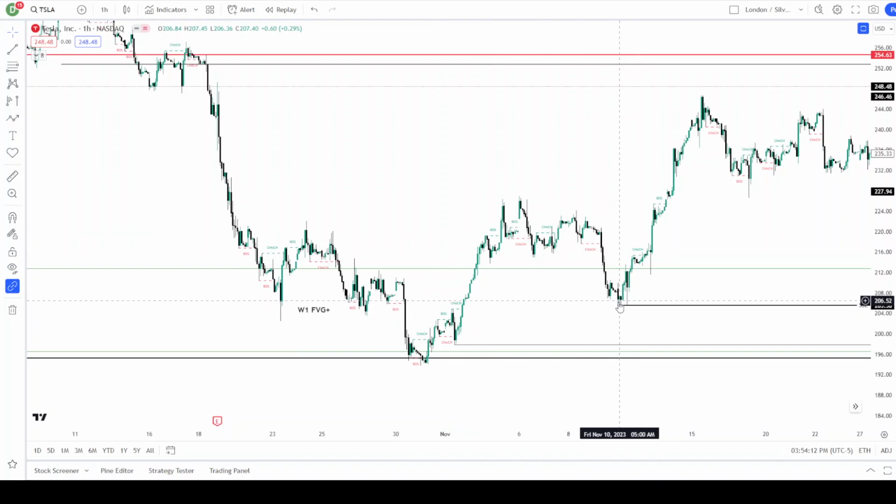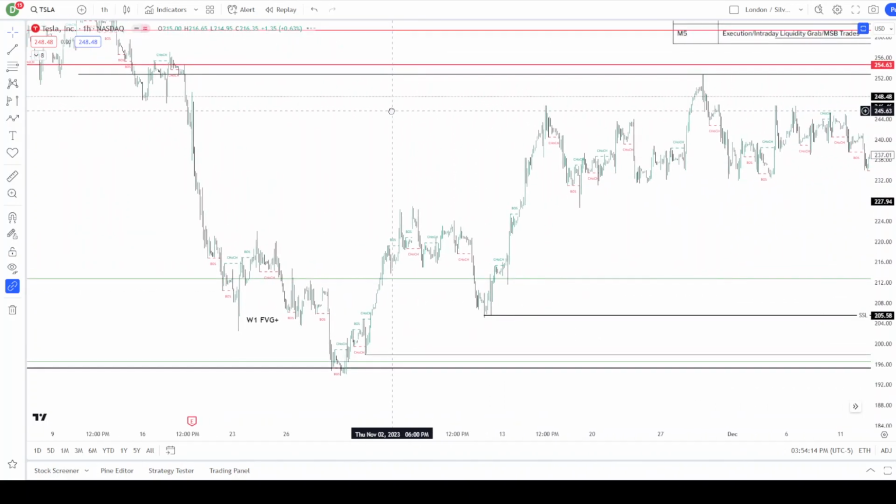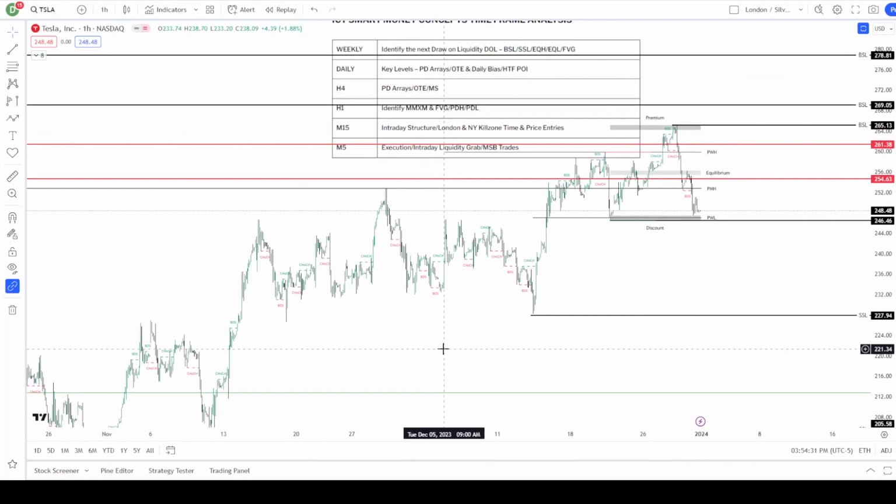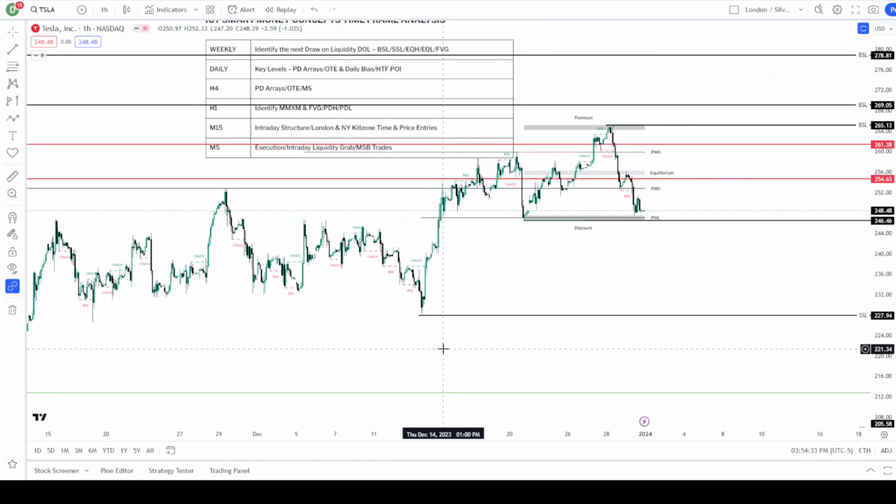There's your entry. What do we do? We run on old highs. Did we get there? We did. It took some time, but right here you could say there's an old high, we ran on it. Old high right here, we ran on it. So that's a little bit better indication of a couple different market maker buys in there.